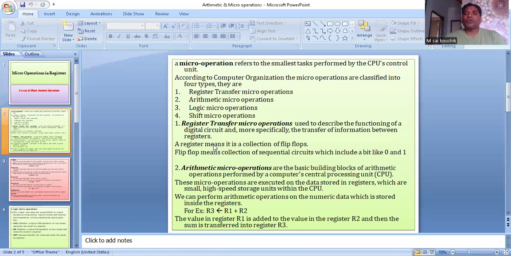Micro operations are mainly classified into four categories: register transfer micro operation, arithmetic micro operations, logical micro operation, and shift micro operations. Based on these four categories, we can provide power generation to the remaining components, which are called equipments.